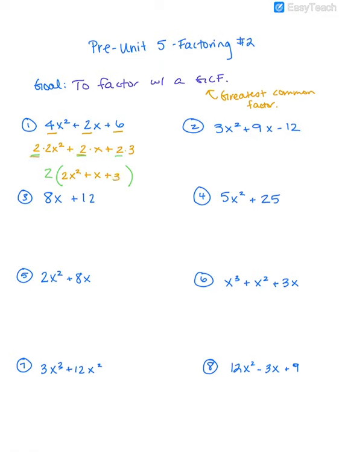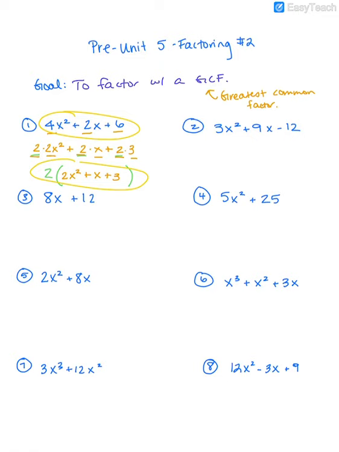We pulled the 2 out, and what we have left was the 2x squared, the x, and the 3. Okay, so what we have here is this original answer and this factored answer are the exact same value. I didn't change the value at all. I just changed how it was written.